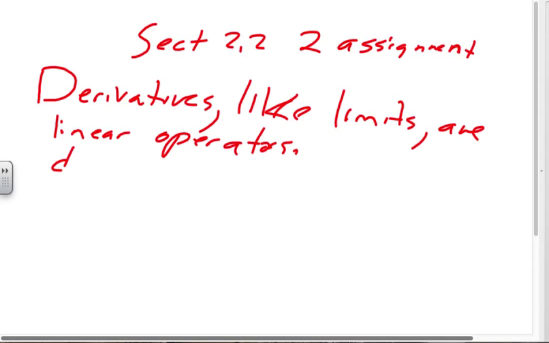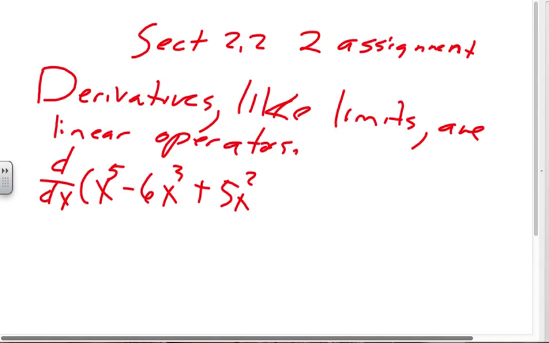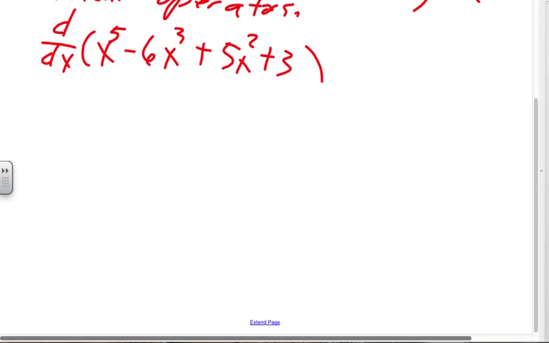So let's say we want to take the derivative of x to the fifth plus 6x cubed. Okay, well this looks bad, except that we can break this down into small problems. And we should break this down into small problems.